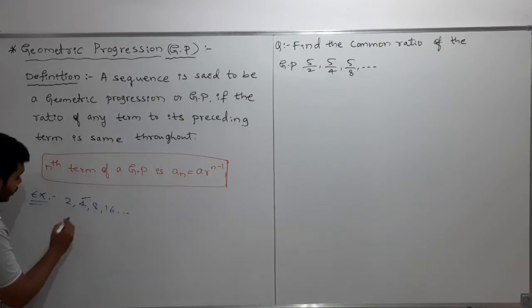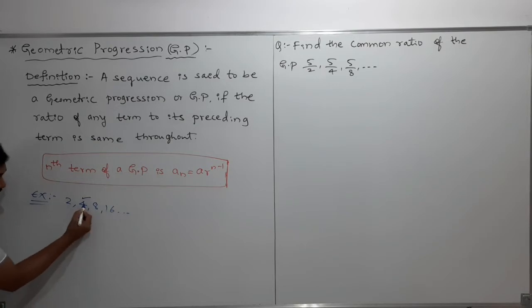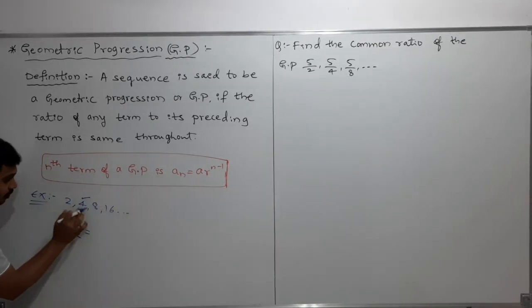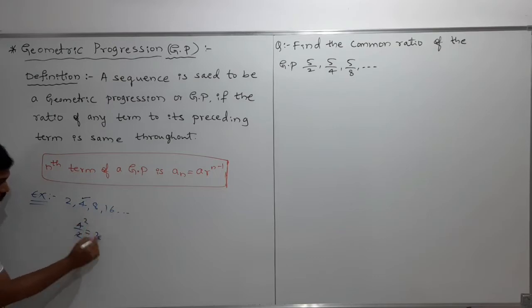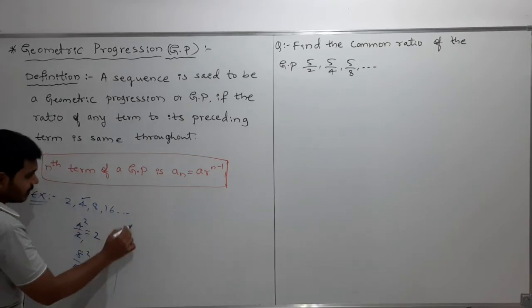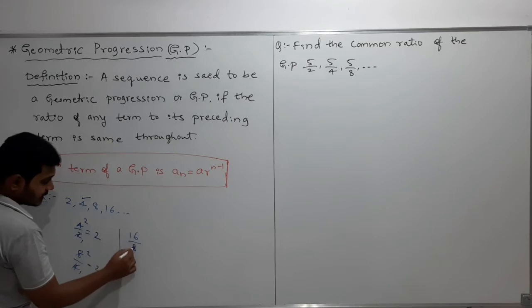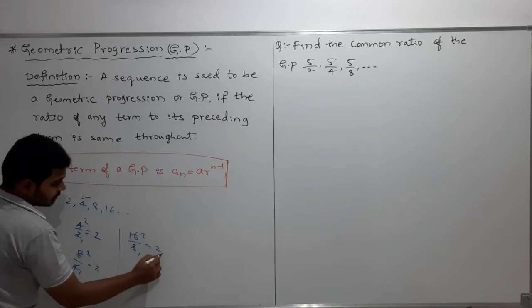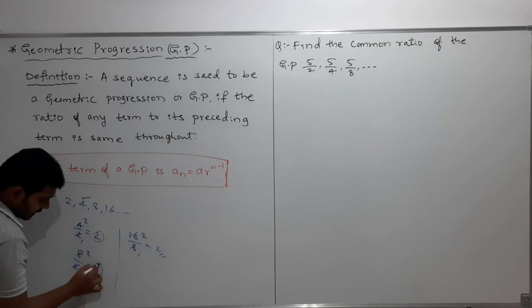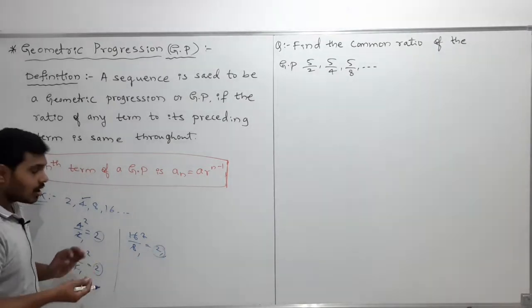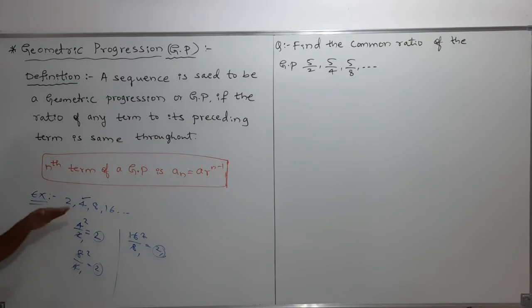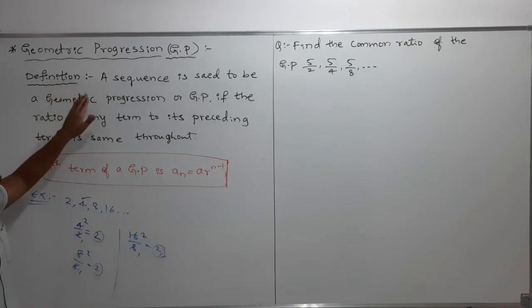So if you take the ratio, it should be the same throughout the sequence. 4 by 2 is 2. And next if I take 8, the preceding term is 4, 8 by 4 is also 2. Like that, if I take 16, the preceding term is 8, 16 by 8 is also 2. So therefore here the common ratio is 2, that is constant throughout the sequence. Then such a sequence we can call a geometric progression.